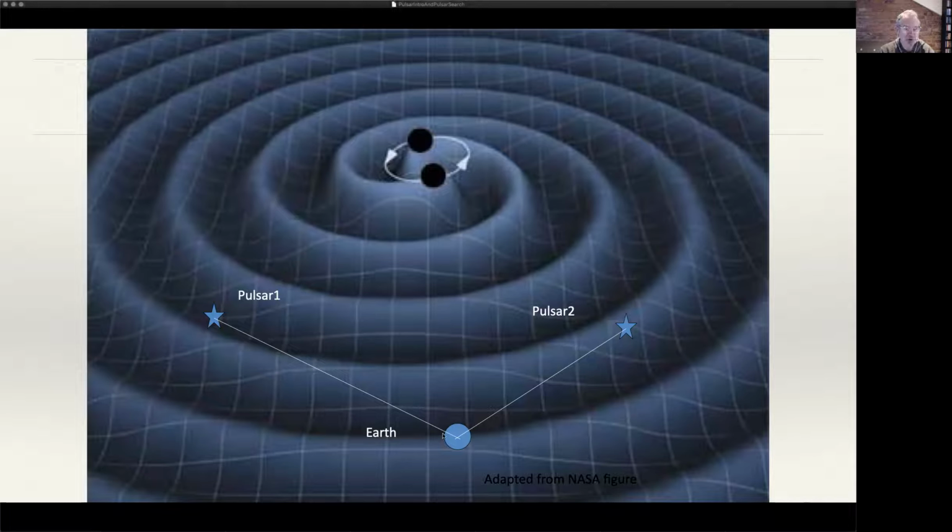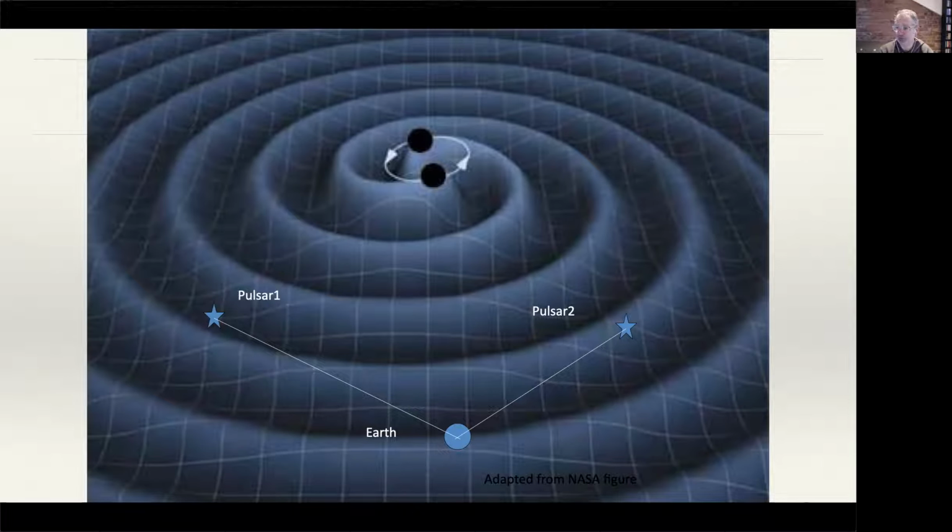As the gravitational wave passes over the Earth, we expect to see a change in the arrival time of the pulses from these pulsars, and depending on the angles to them, we expect a certain degree of correlation in the changes that we see.